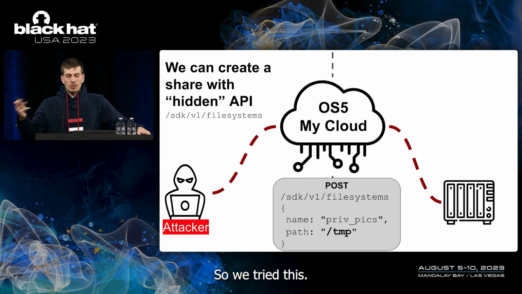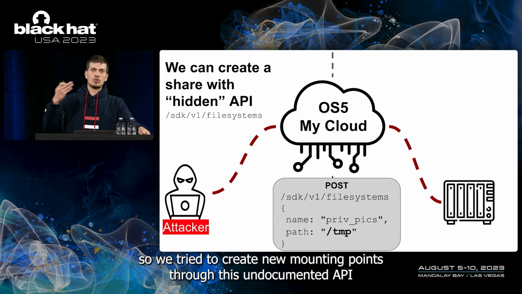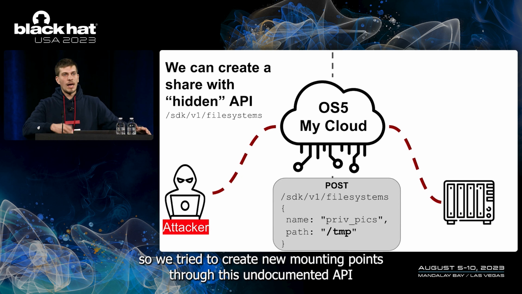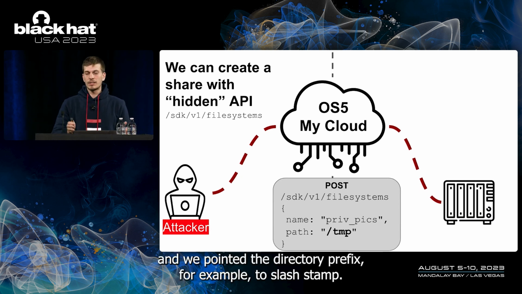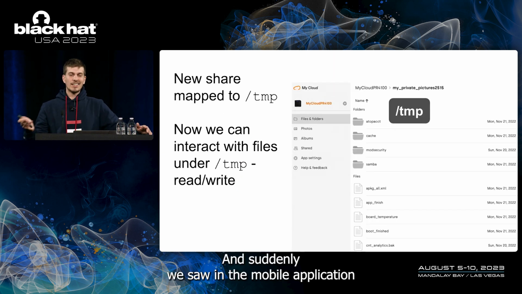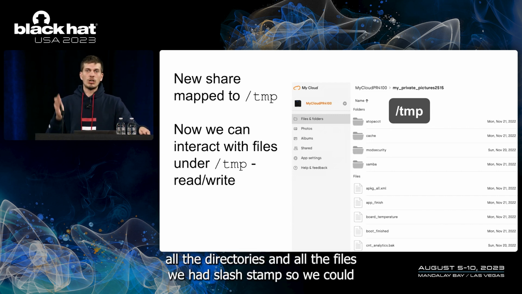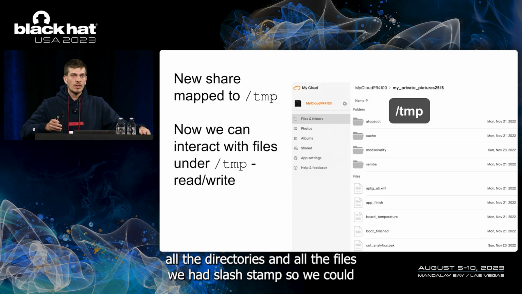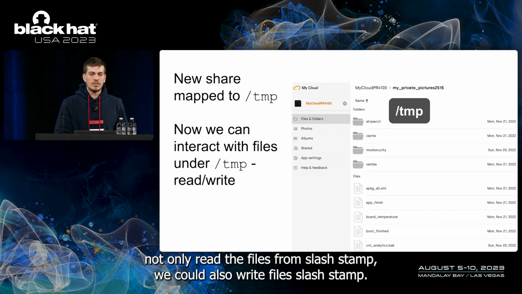So we tried this. We had an authenticated user, so we tried to create a new mounting point through this undocumented API. And we pointed the directory privpix, for example, to /temp. And suddenly we saw in the mobile application all the directories and all the files we had in /temp. So we could not only read the files from /temp, we could also write files to /temp.